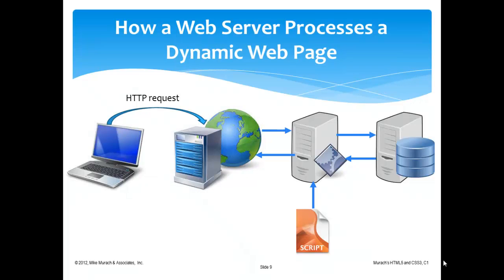When the script is finished, the application server sends the dynamically generated HTML page back to the web server, and then the web server sends the information back as an HTTP response to the browser, and then the browser displays it for you, the user, and this usually literally takes a second.